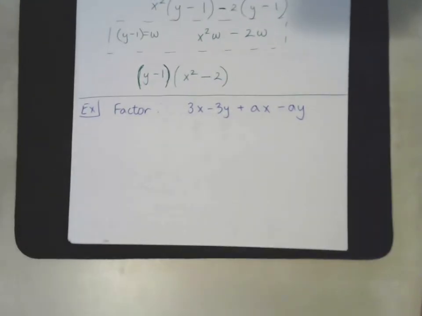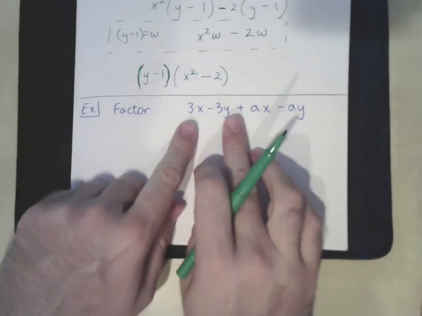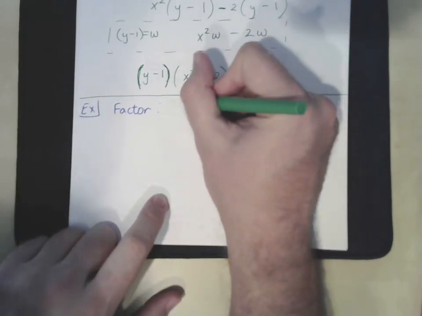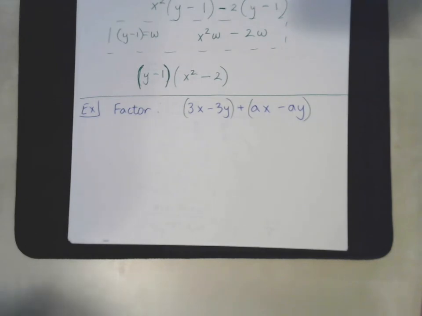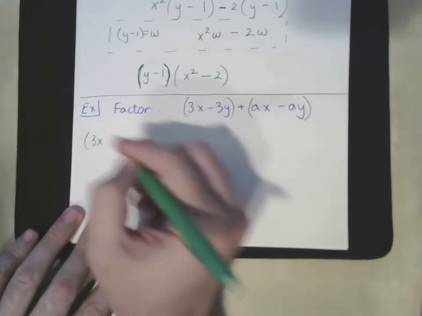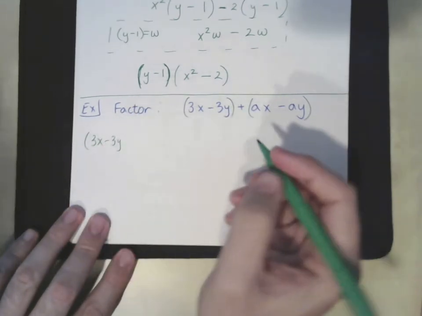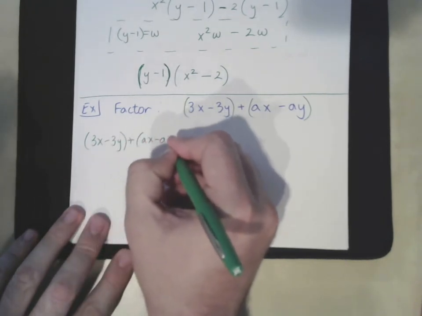So when you're just trying to decide how to group your terms when factoring by grouping, there's not always, but there's going to be multiple ways we can do this. So a lot of people might look at this and say, I could factor by grouping up these two sets of terms. And we will do that over here. So I'm just going to rewrite this: 3x minus 3y plus ax minus ay.